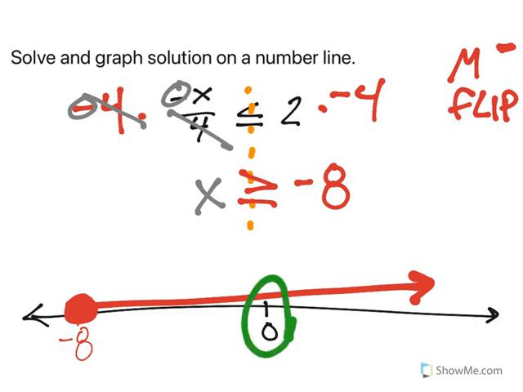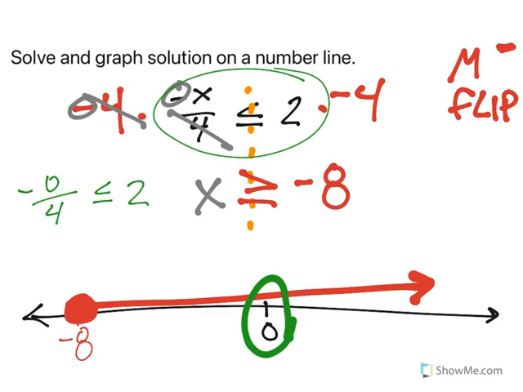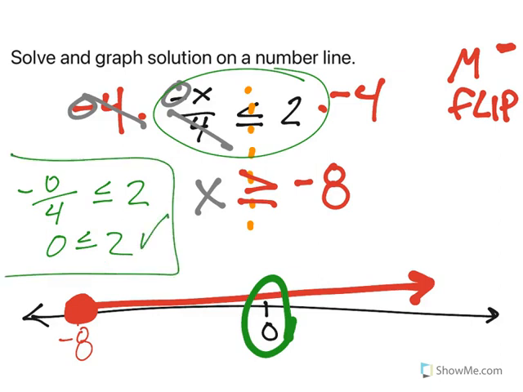In this case, 0 is part of my solution. So if I would go back to my original inequality and say negative 0 over 4 is less than or equal to 2. Well, what's negative 0 over 4? That's just 0. Is 0 less than or equal to 2? Yes. So you can always check one of the numbers that is part of the shaded portion and see if it works.